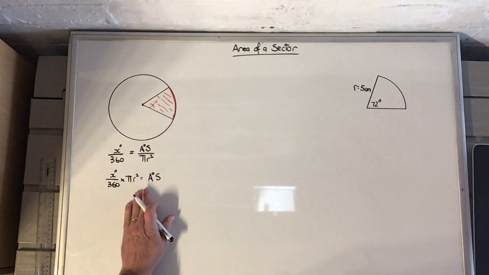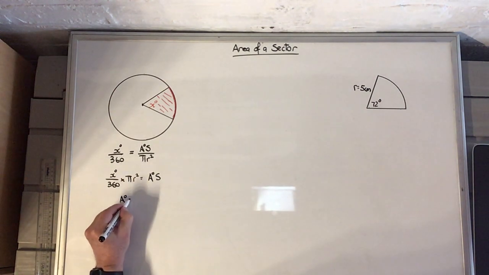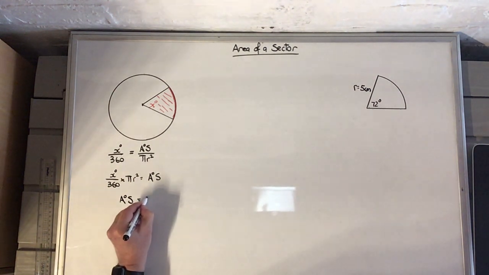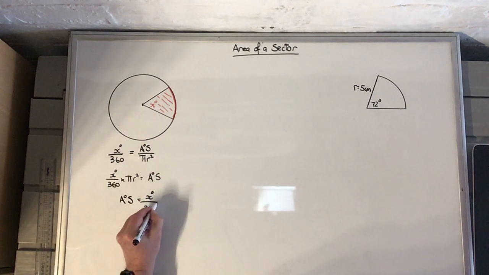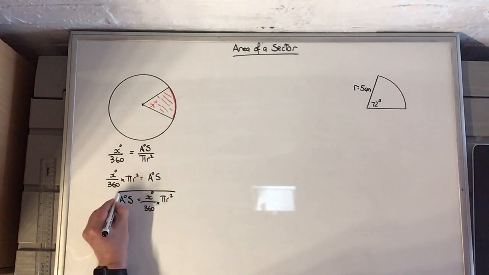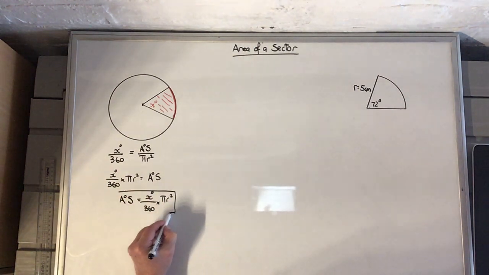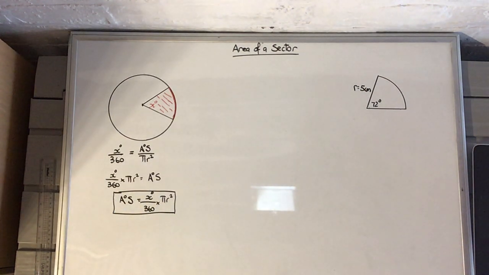So we swap everything over to get a final formula. AOS is equal to angle at the centre over 360 times pi r squared, and that's your formula. And just like for the arc length, you have to remember this formula. You don't get it in the exam.